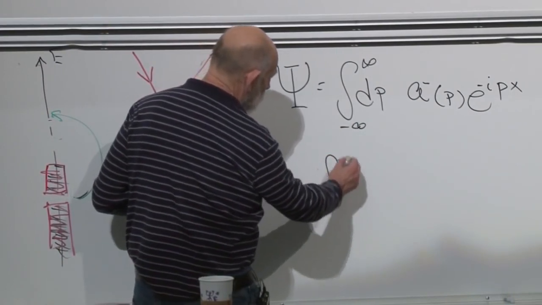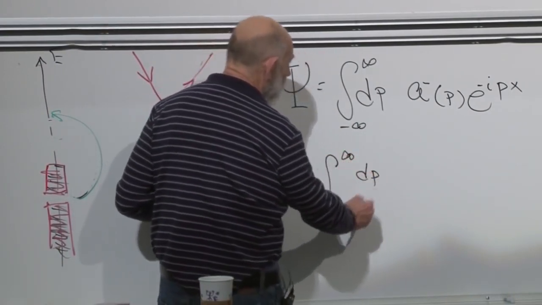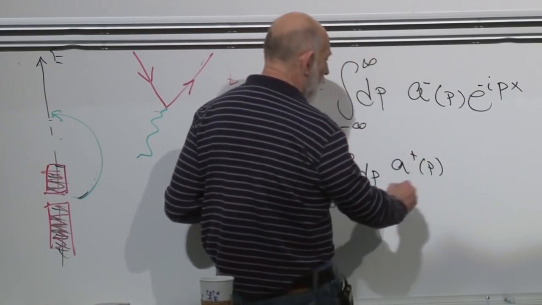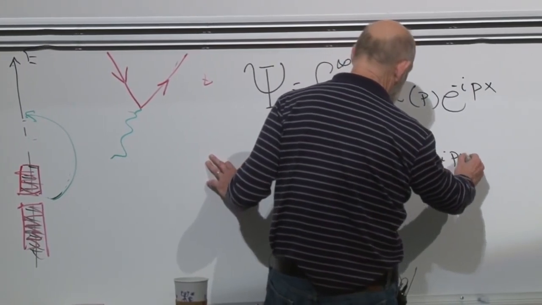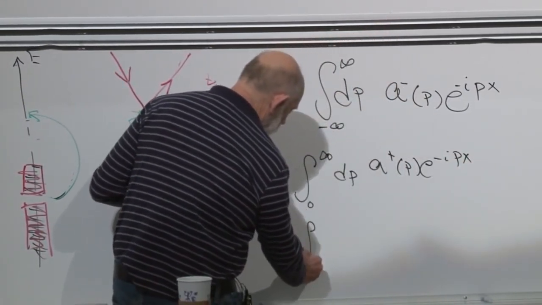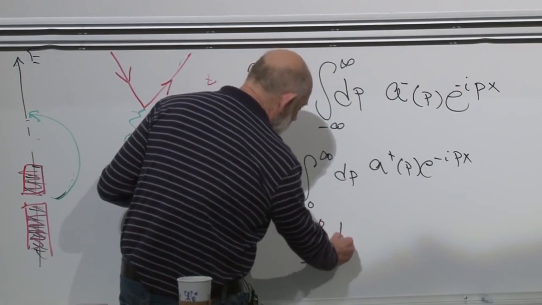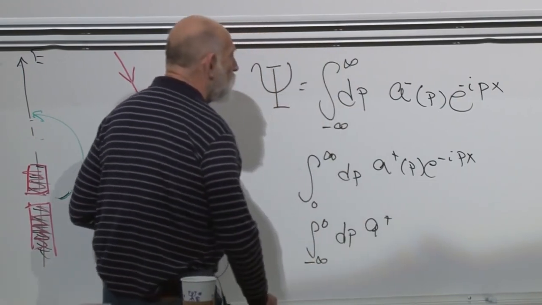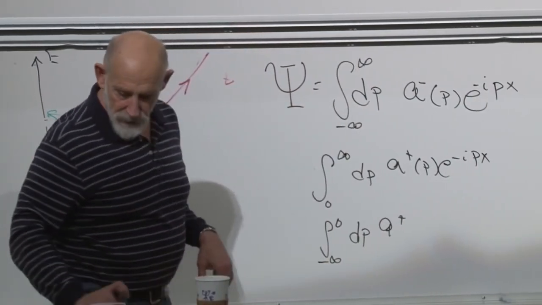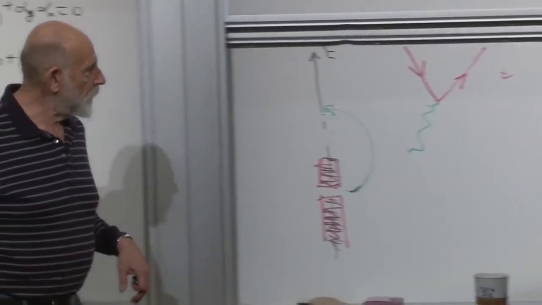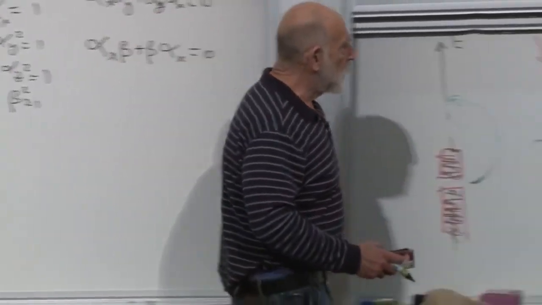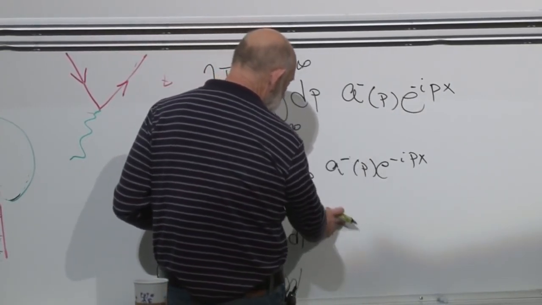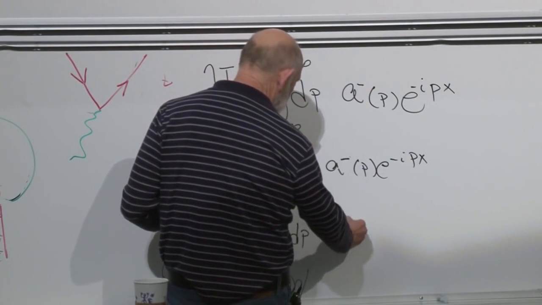An integral from 0 to infinity dp, annihilation operator for a positive momentum or a positive energy electron, e to the minus i px, and another term from minus infinity to 0, dp, annihilation operator, my mistake, same thing as here. Annihilation operator for a negative momentum particle.